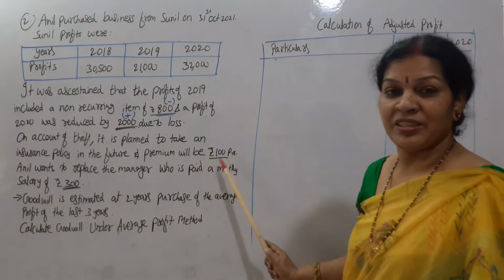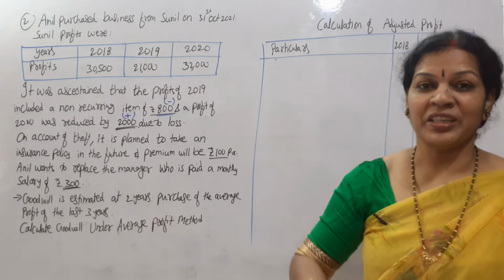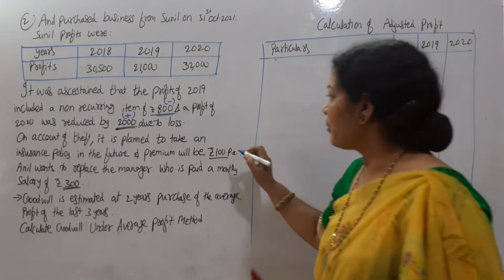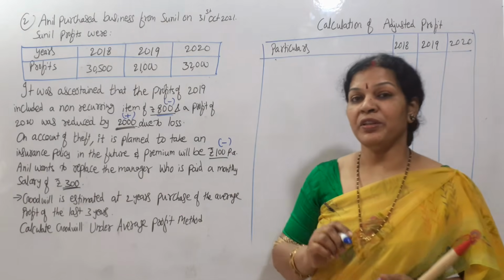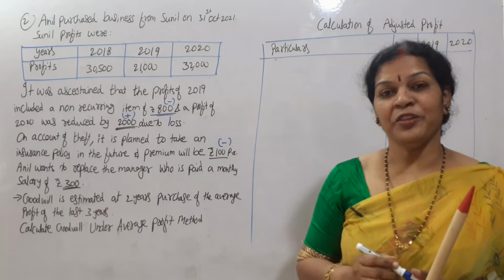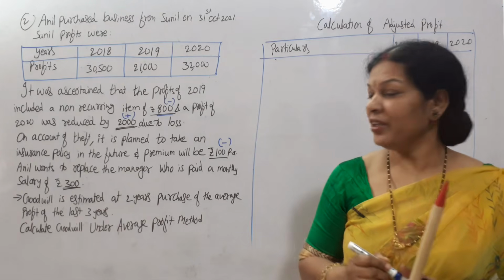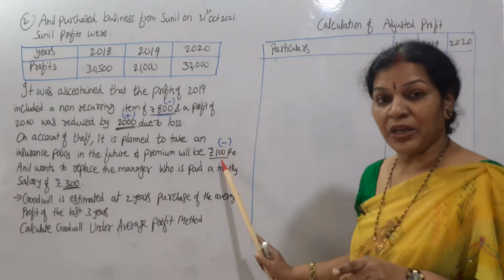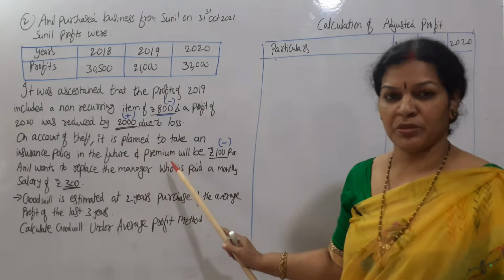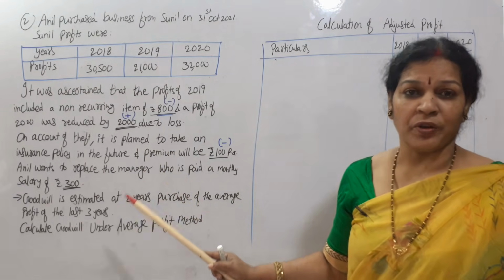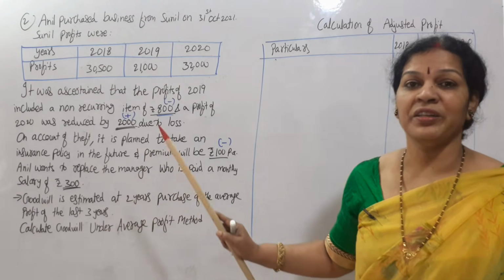So this is going to decrease the profit. That is why we are going to deduct this: 100 into 12, so 1200 we are going to reduce every year because we are paying the insurance premium. So profit is going to decrease, that is the reason we are deducting it.